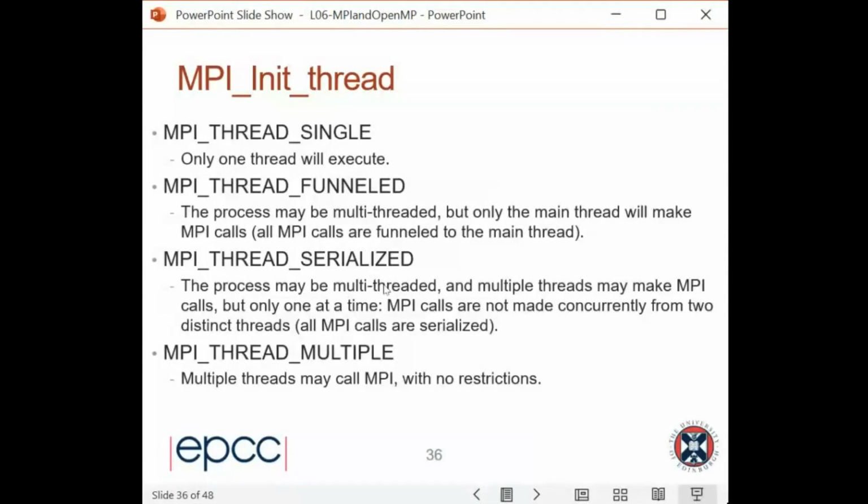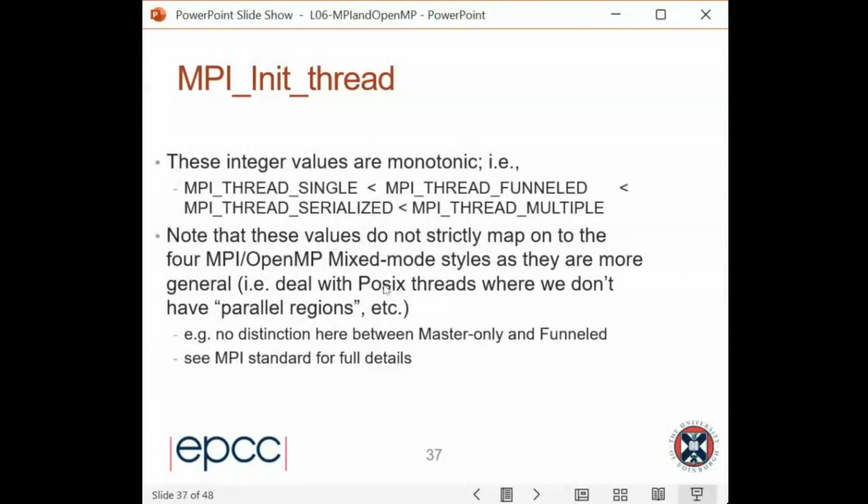And so actually the OpenMP terminology isn't a 100% mapping onto the MPI terminology. But what it means is there's no distinction between master only and funneled. Basically, all the MPI library cares is that all the MPI calls are made from the same thread. And in OpenMP, you can achieve that through master only or funneled, but the MPI library doesn't really care.